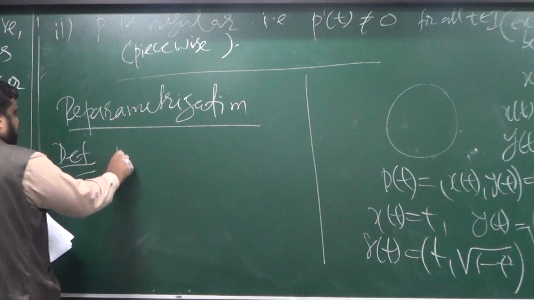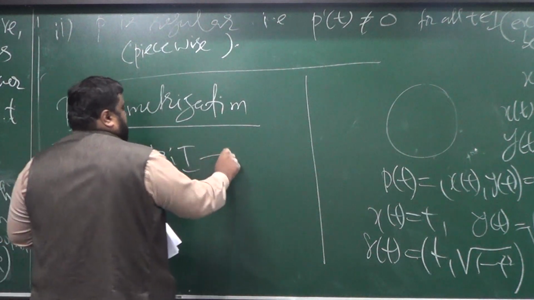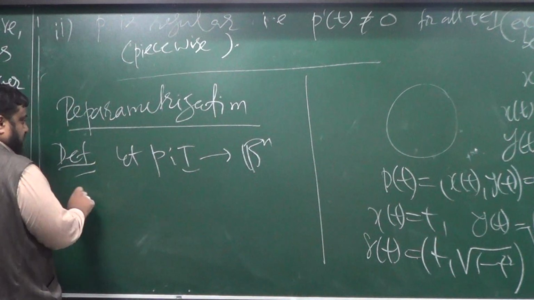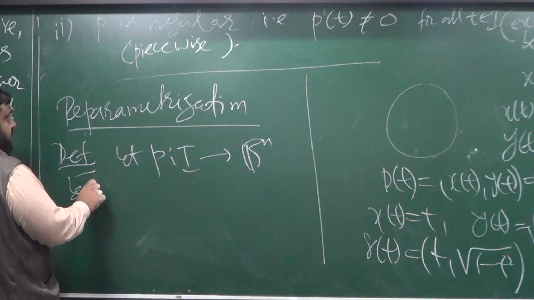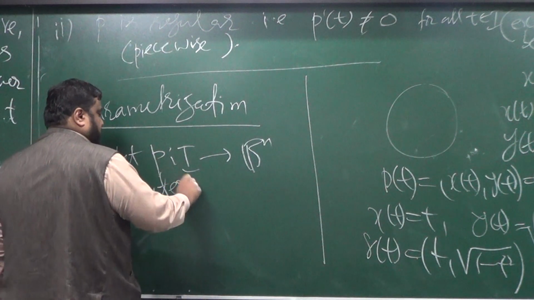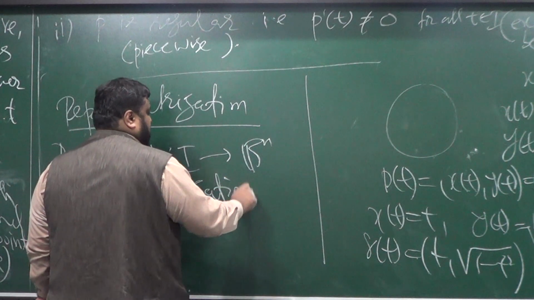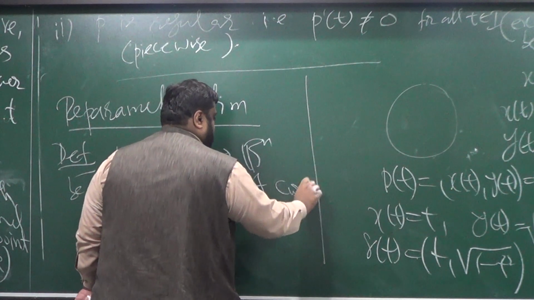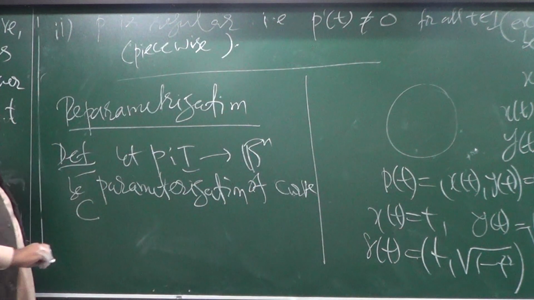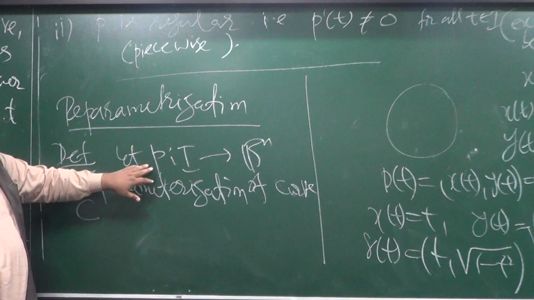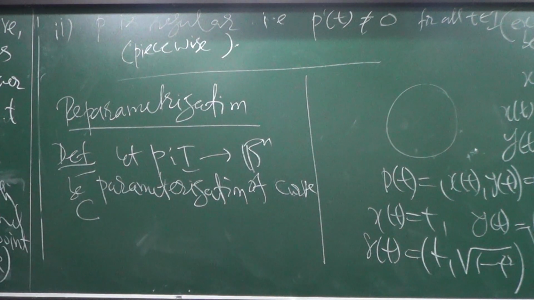So that P is a map from I to Rn, and it shall be a parameterization of curve C. What do you mean by being a parameterization of curve C? It means that P is a path that satisfies all that. That's what I mean.